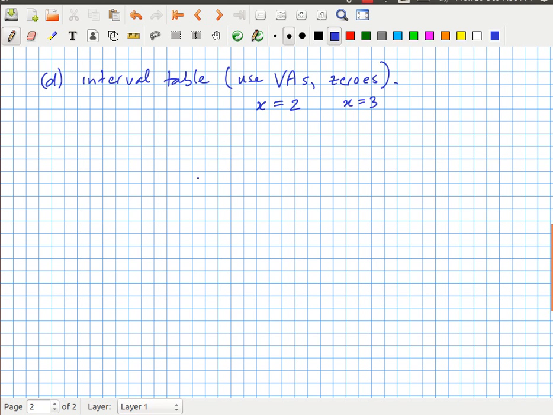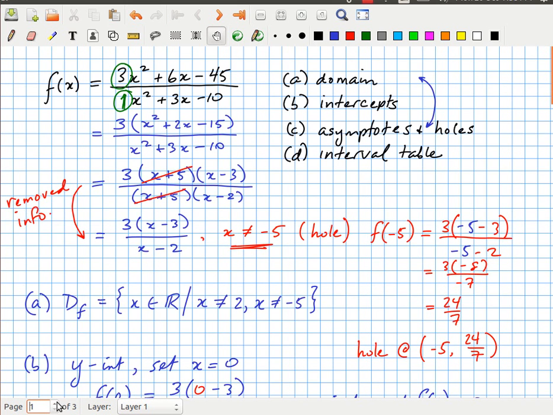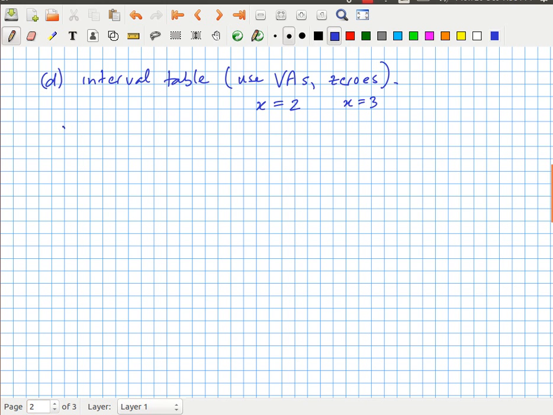So when I go ahead and draw my table, what were the factors? Maybe I should grab hold of the simplified function. It's 3 times x minus 3 over x minus 2. So f of x is equal to 3 times x minus 3 over x minus 2.